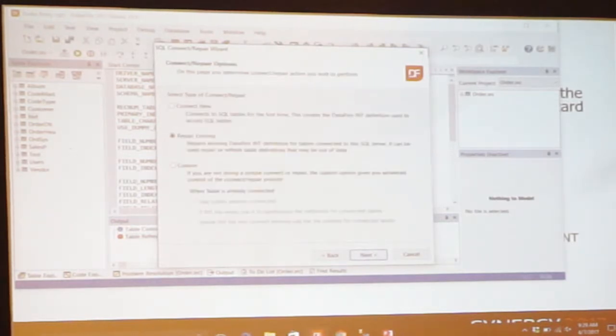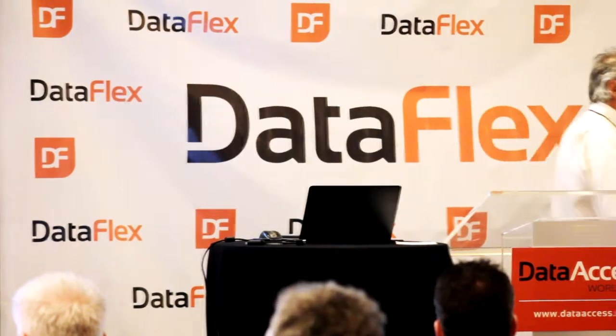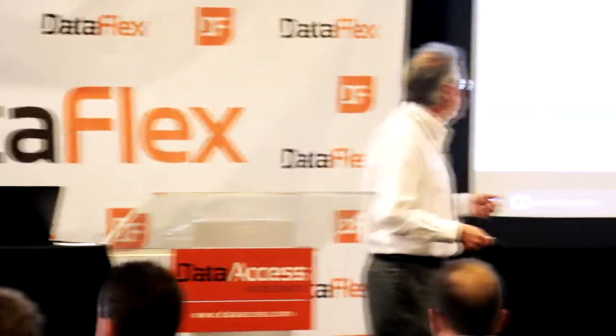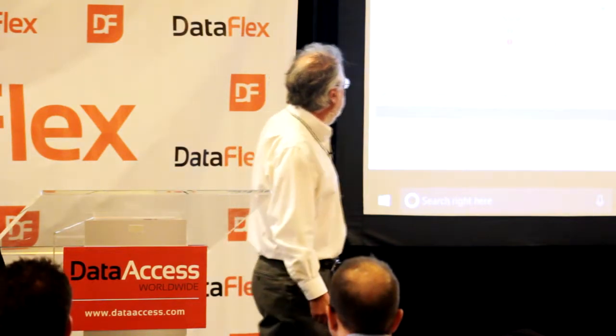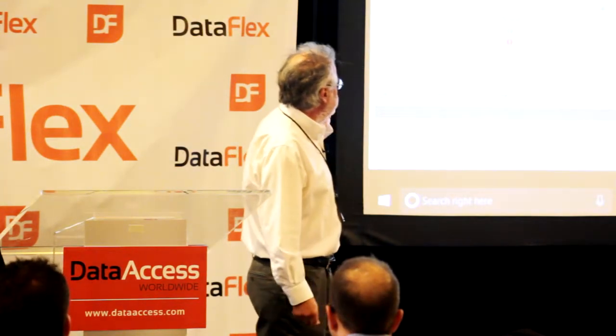When you get into custom, it says, if the table's already connected, what do you want to do? You can skip it, which means I can't try to do anything to it. Or if the InvT file exists, use it to synchronize the definition as best it can, which is what I'm hoping will work with the InvT file that I screwed up so much. If not, I will go back and figure out why. And then the third option is no.